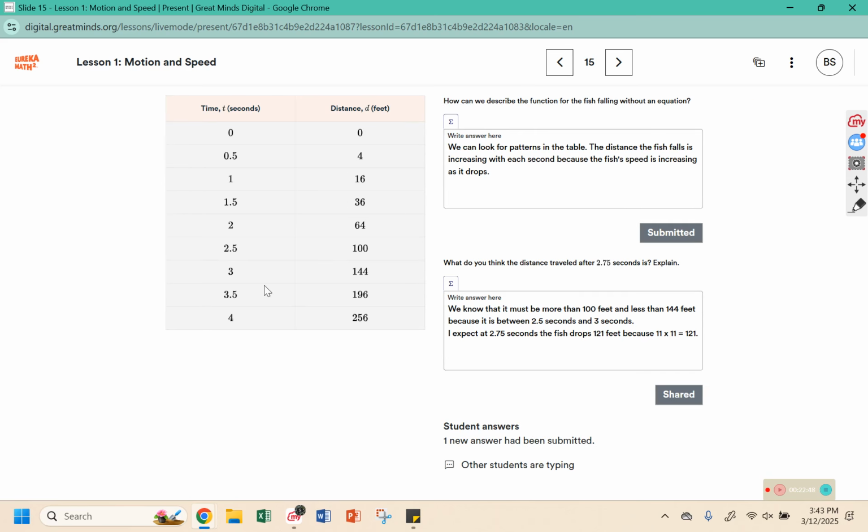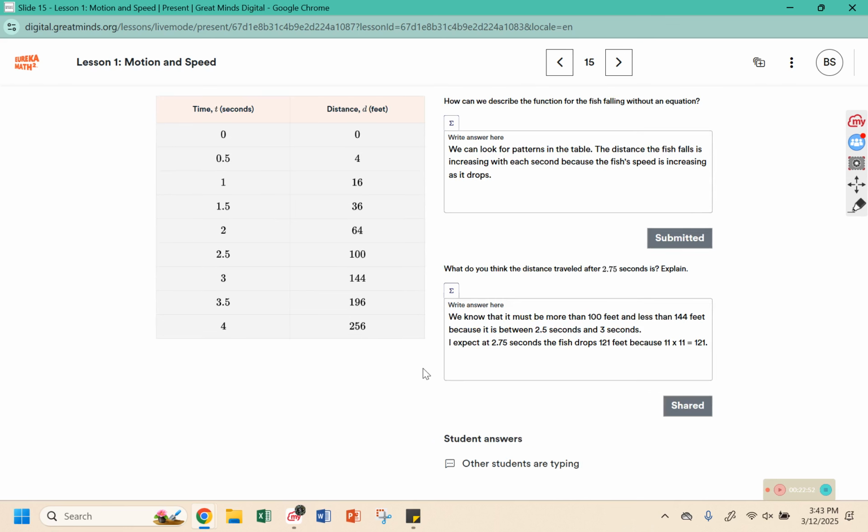Now at this point, we don't have a way to check or verify that that is correct. But in the future, we're going to learn other ways to describe patterns in both tables and graphs.